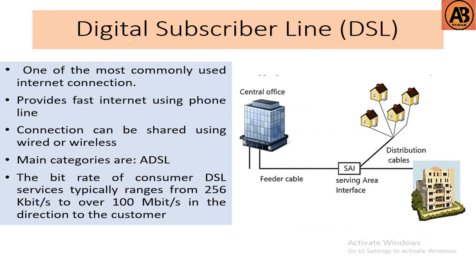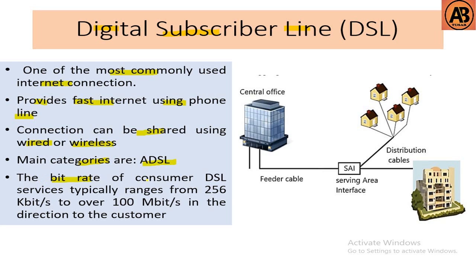Then DSL means digital subscriber line. One of the most commonly used internet connection is DSL. Provides fast internet using phone line. Connection can be shared using wired or wireless. Main categories are ADSL.